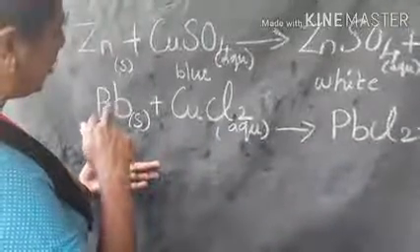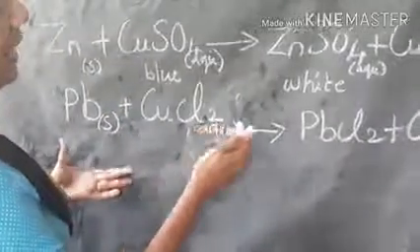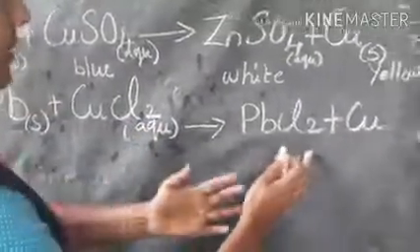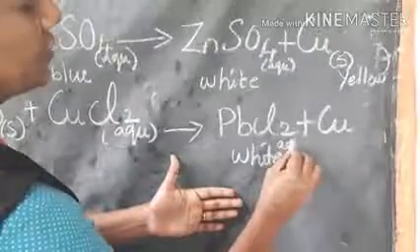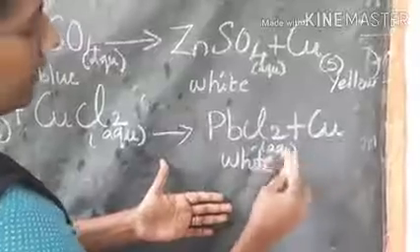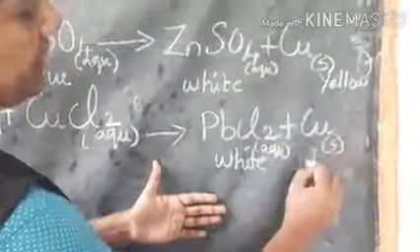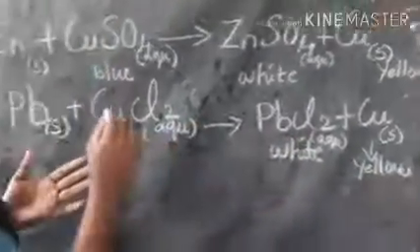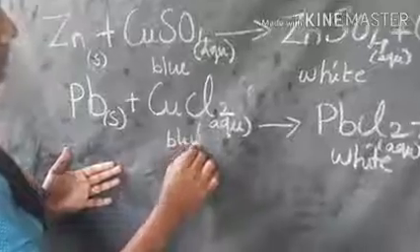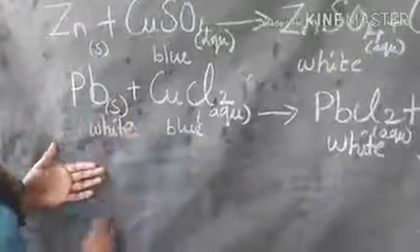Since lead is a more reactive element, it displaces copper in copper chloride and forms lead chloride. It is a white color substance. Now the solution will be in aqueous form, white color substance, and copper is in solid form and it is yellow color. Actually, it is a blue color solution. Lead is a white color substance. So it is taking place.